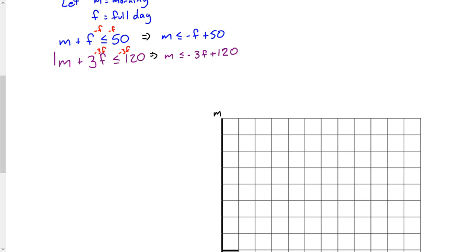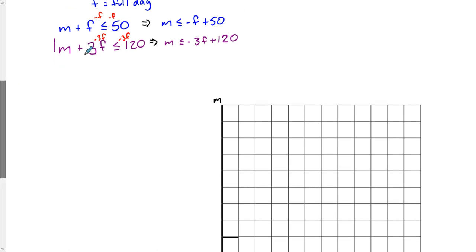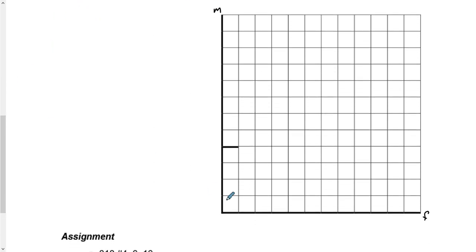If we graph this one, we'd be starting at 50 and going with the slope of negative 1 over 1. So let's see, how many squares do I have? 4, 8, 12. Okay, awesome. And I think that this one's probably the same, 4, 8, 12.